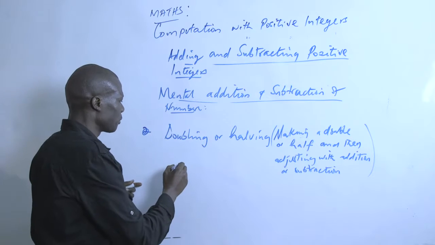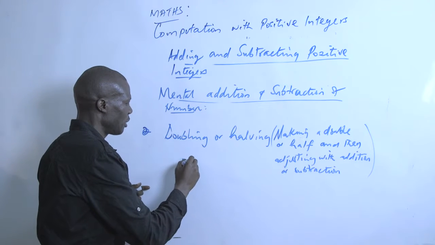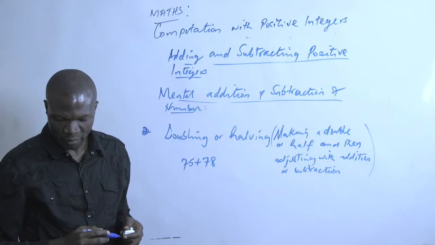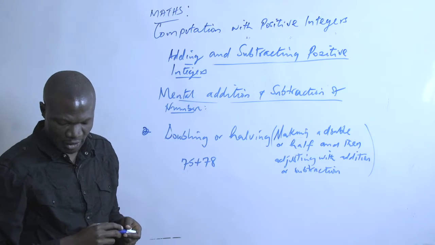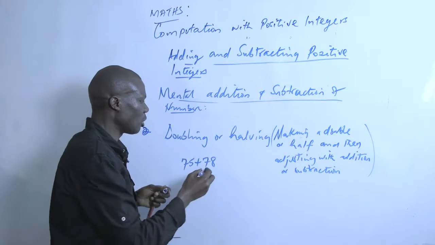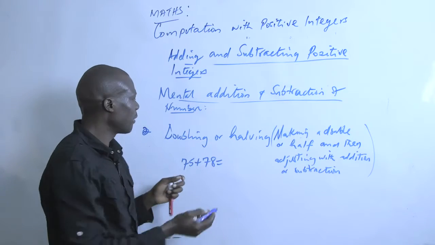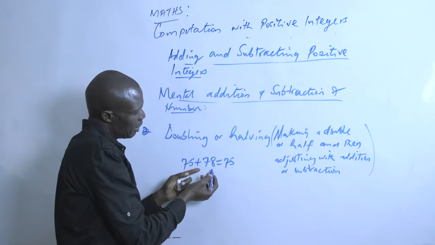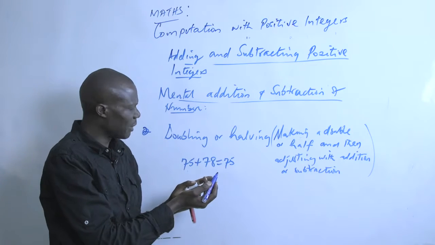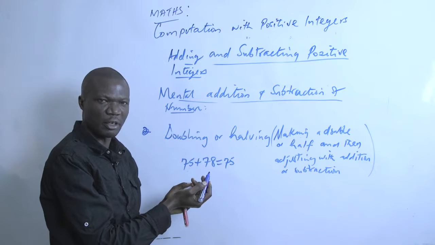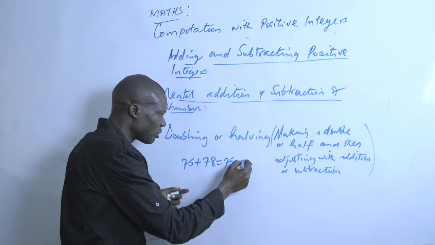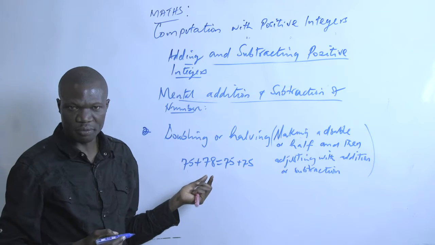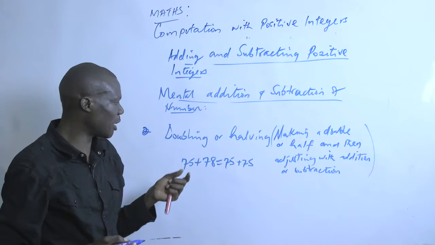Take, for example, 75 plus 78. Now, this one, the method we want to apply is doubling. So this one will be 75. Now you realize that this 78 is almost close to 75. So we shall take 75. But then there is something we've removed. What we removed, we bring it back.